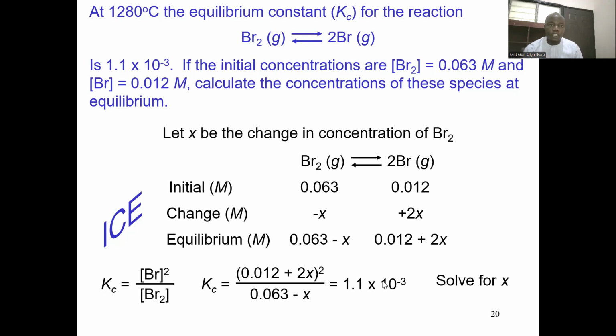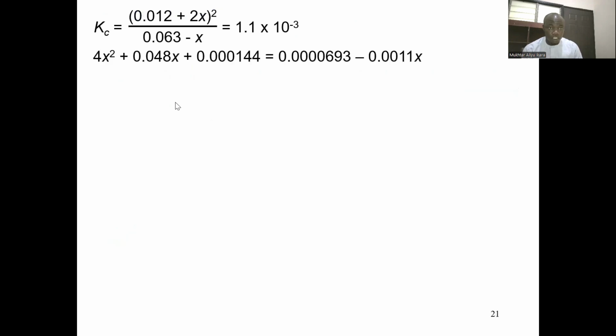So after we have this, we are now going to change it into this. The equation will now change to 4x squared plus 0.04x plus 0.00014 is equal to 0.000693 minus 0.000x.